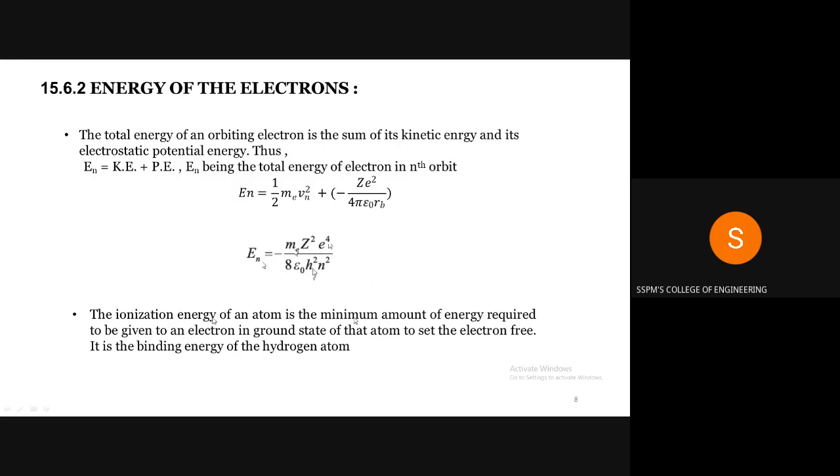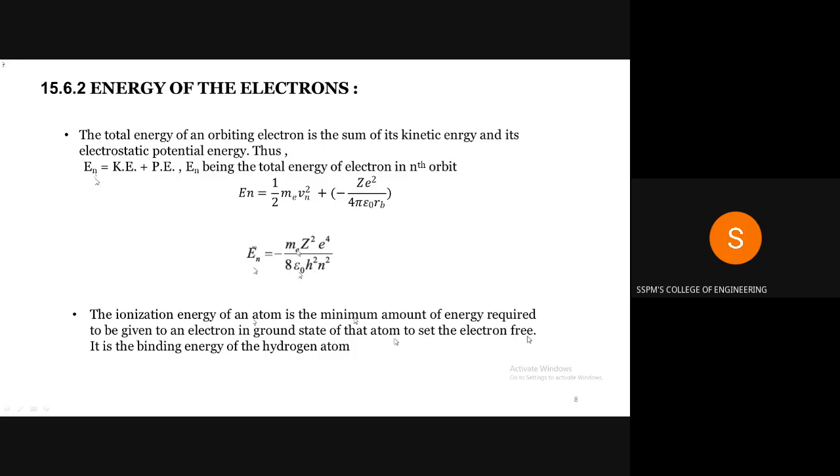The ionization energy of an atom is the minimum amount of energy required to be given to an electron in the ground state of that atom. There are two concepts: binding energy and ionization energy. Ionization energy is the minimum energy required to be given to an electron in the ground state of that atom to set the electron free.